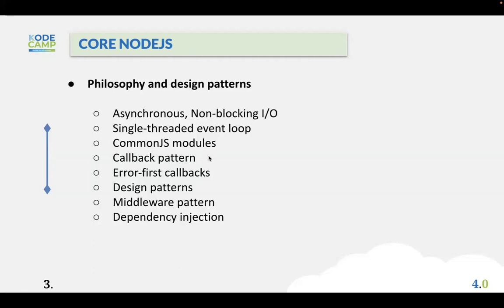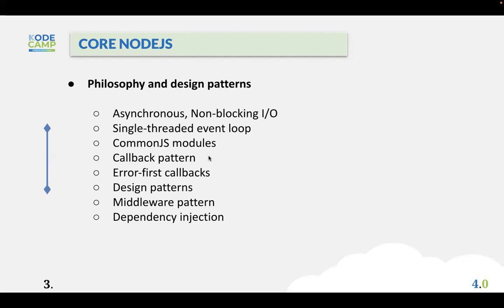Then it enables non-blocking I/O, allowing your code to remain responsive while waiting for asynchronous operations. It also has some drawbacks, which are callback hell and error handling. We already know what callback hell is, and it can make error handling cumbersome, especially in complex code with multiple callbacks.